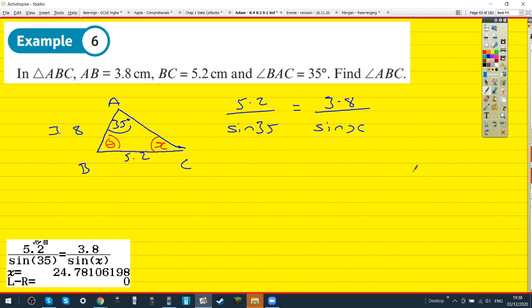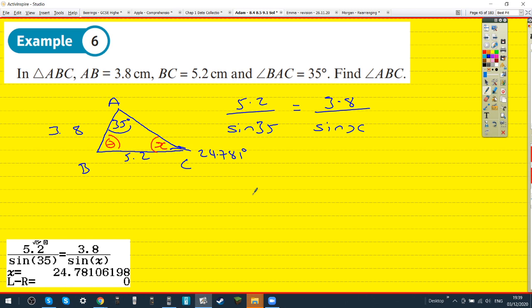Would you still use the sine rule for this? Uh-huh. I don't know, because you don't have the side opposite B, so I don't know how you're supposed to work it out.